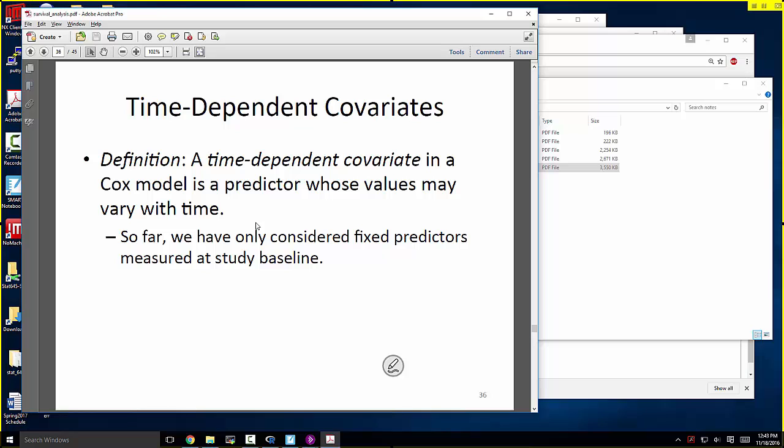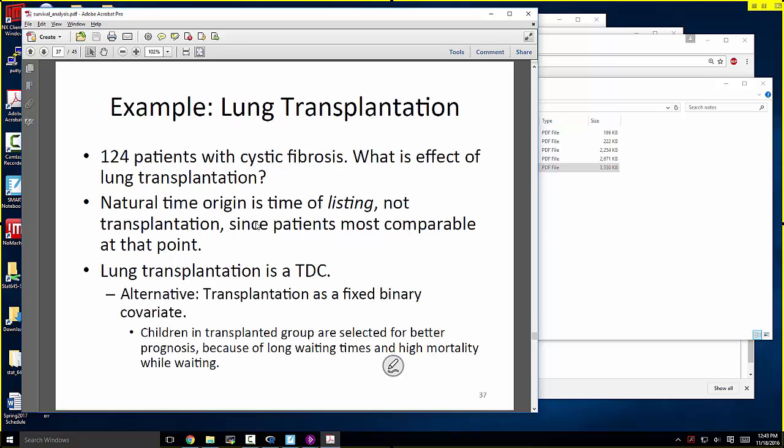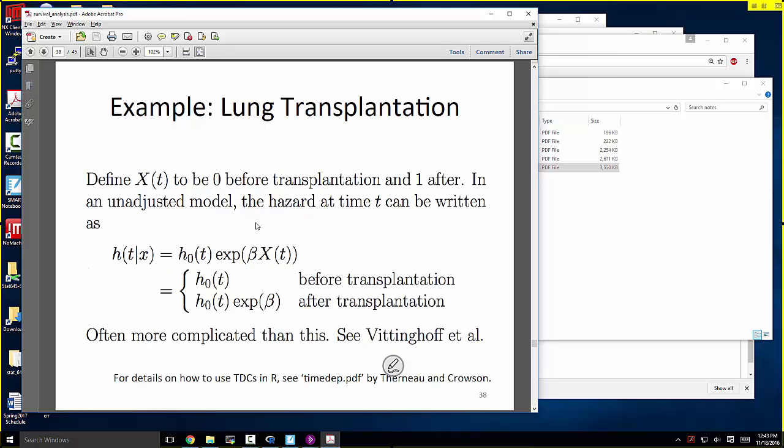Have you ever had a cardiovascular event, for example? At baseline, maybe the answer is no, but 6 months into the study, maybe the answer becomes yes. So a Cox model can handle a time-dependent covariate, and it's fairly easy to do it.